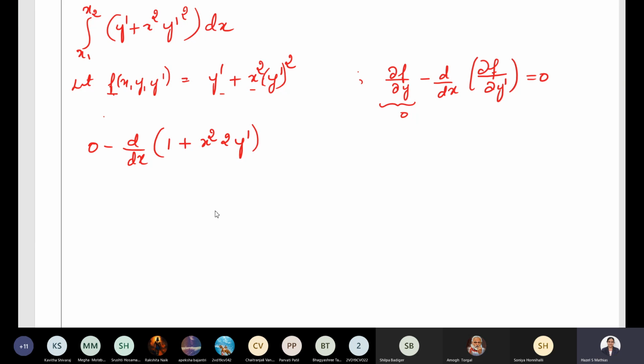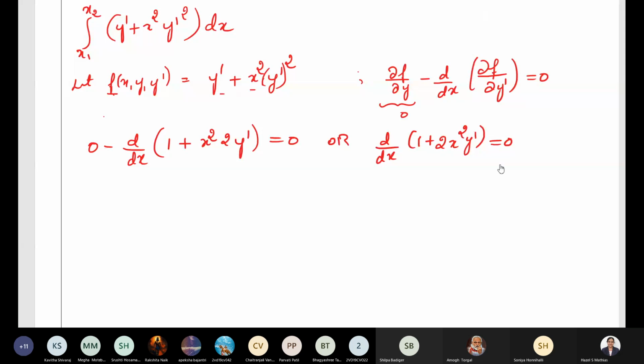And that is equal to 0. Any doubt in this? No, ma'am. Okay. Now what do we get? This can also be written as d/dx of (1 + 2x² y') equal to 0. This is what we get from applying the necessary condition using Euler's equation.